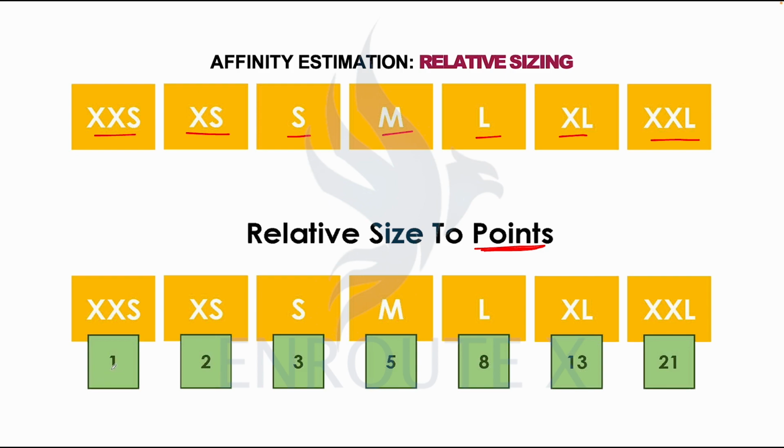So let's say extra extra small, we add a point of 1, extra small a point of 2, small a point of 3, medium a point of 5, large a point of 8, extra large a point of 13, and extra extra large a point of 21.